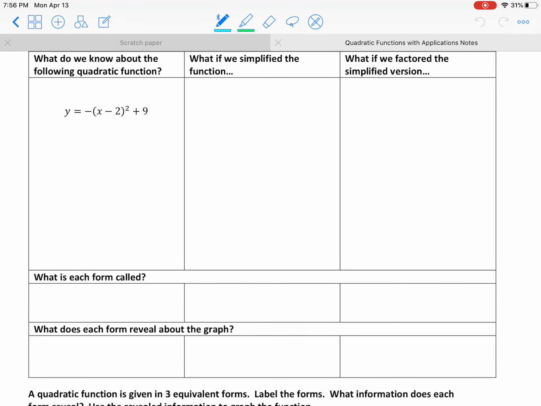So we're going to start with this, which we should hopefully know something about. Just by looking at this function, what do we know? Again, this negative here says that this graph is going to reflect over the x-axis.